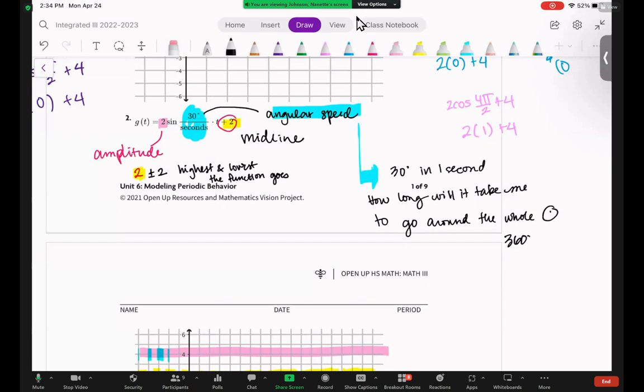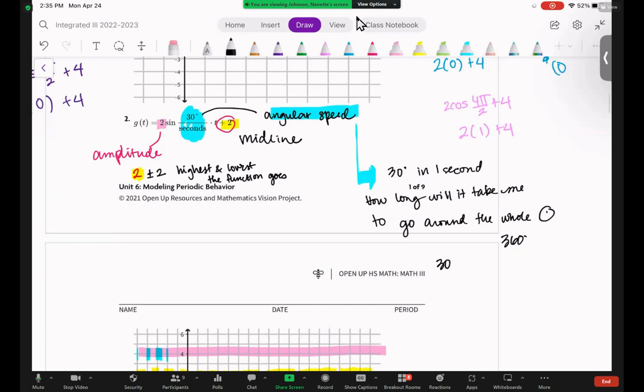There's this proportion thing that's happening. If it's 30 degrees in 1 second, how much is it going to be for 360 degrees?